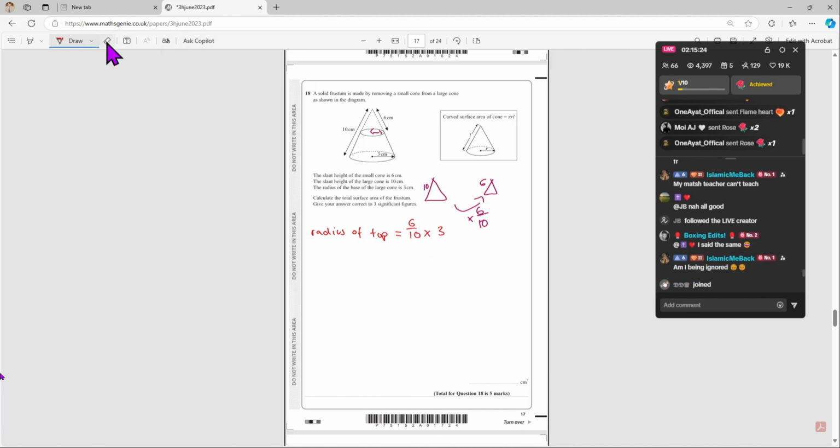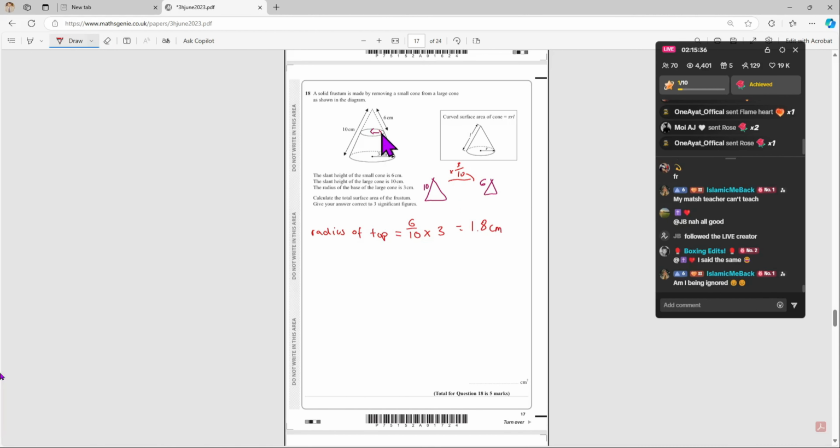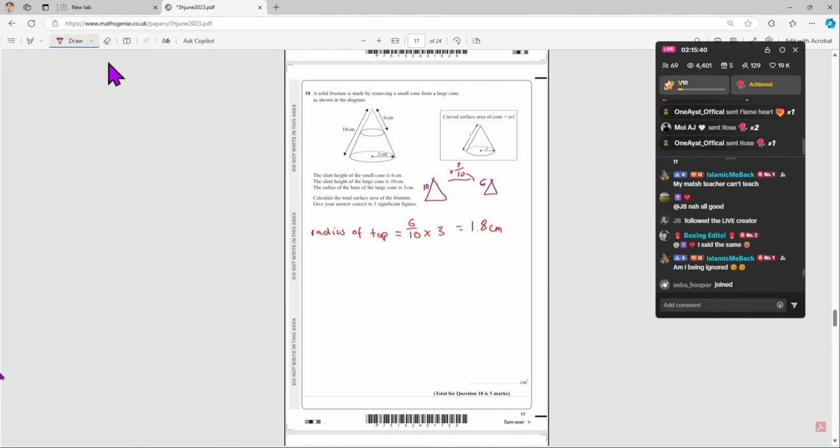You can use the calculator. You're going to get 1.8 centimeters. That is the radius of the top, so let me replace it with 1.8 over here.